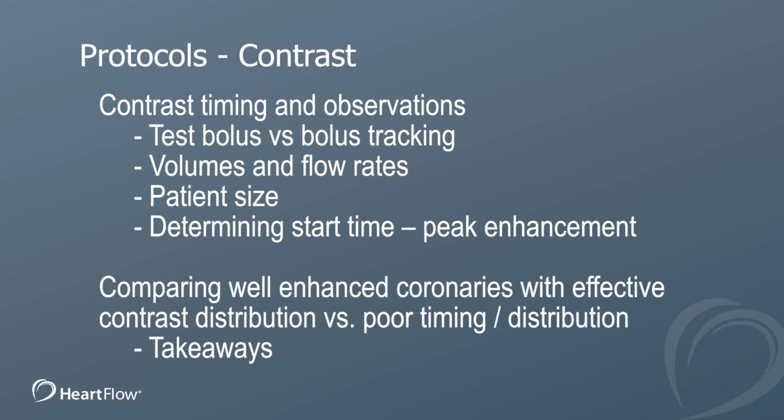The variable will be the contrast volume. It's important to know that this can vary depending on your scanner, depending on if you do a single beat scan or if you do a multi-beat scan. Contrast may be delivered for a longer time on a multi-beat scan compared to a single beat scan.